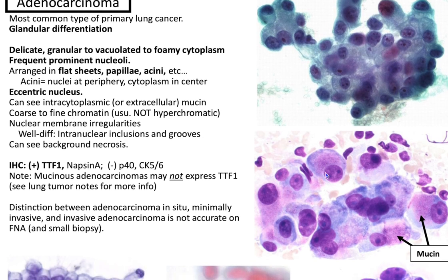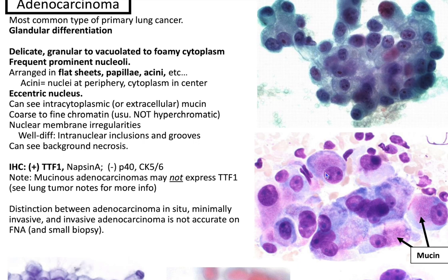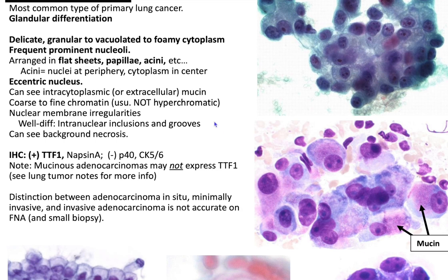IHC, your biggest ones you want to use to confirm adenocarcinoma are TTF1 and napsin A. TTF1 will stain nuclear positivity, and napsin A will stain cytoplasmic. And it will be negative for P40 and CK5/6. Note, mucinous adenocarcinoma may not express TTF1. And remember, TTF1 can also stain thyroid and also can stain liver, the cytoplasm of your hepatocytes as well.